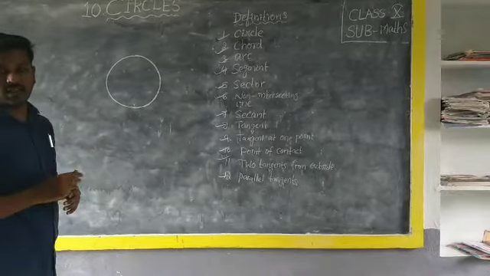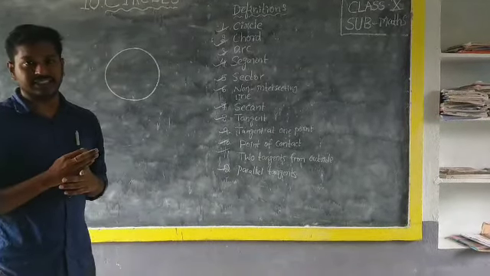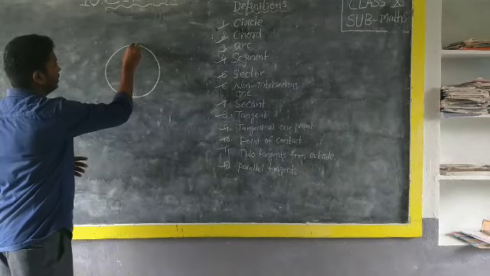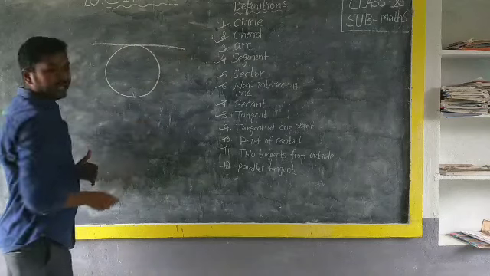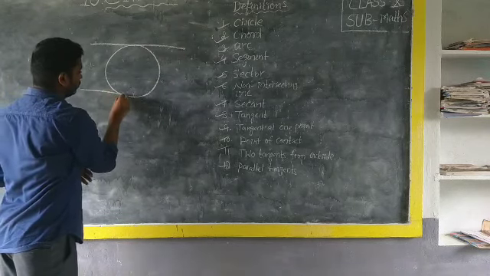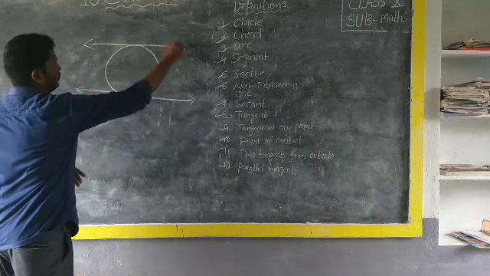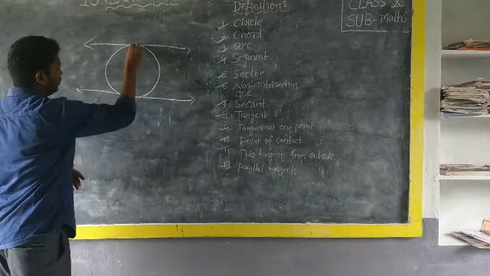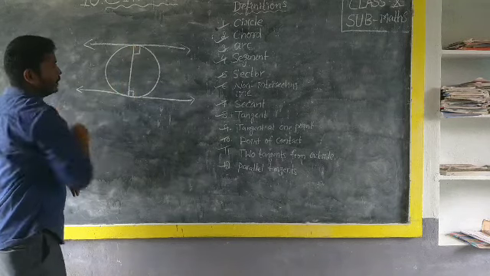In a circle, at most only two parallel tangents can be drawn. That means here, if you observe, this is one tangent. This is the center. Okay, these are the perpendiculars.